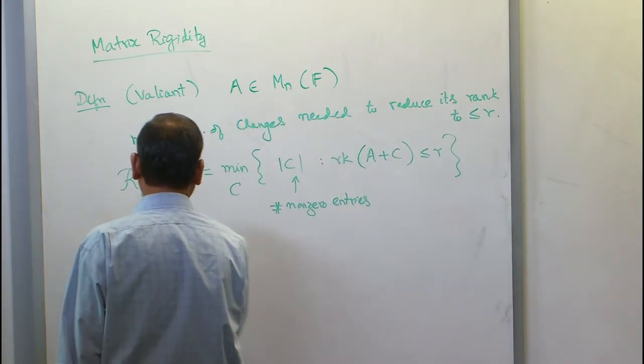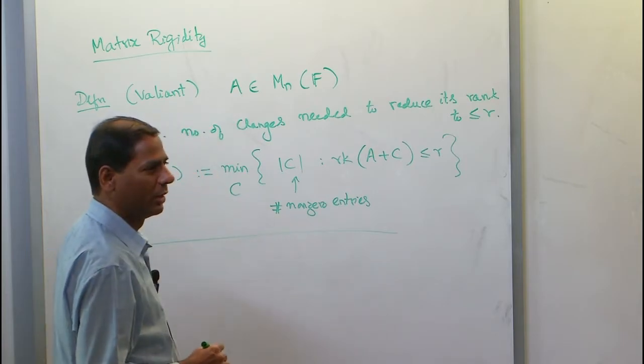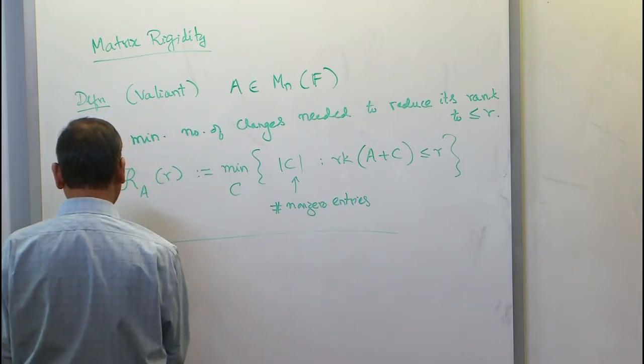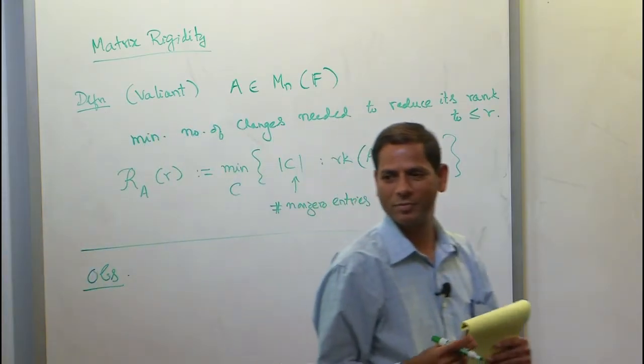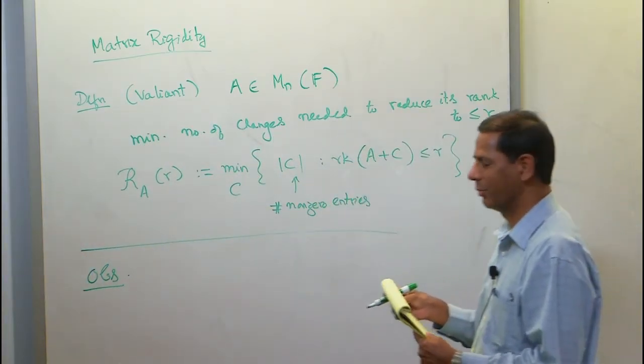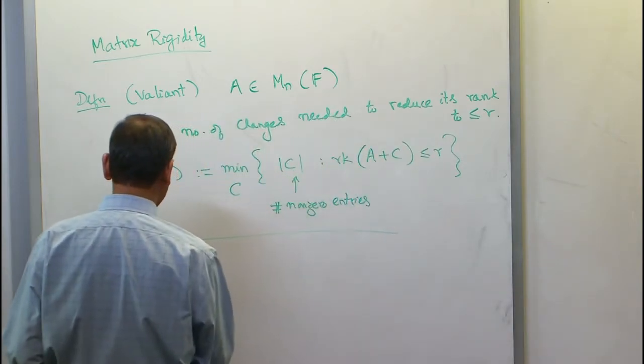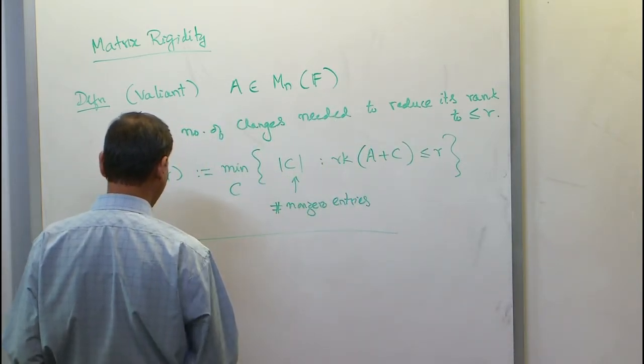What's an easy upper bound on this number? That's essentially a trivial exercise, and it's the first exercise in the problem sheet.